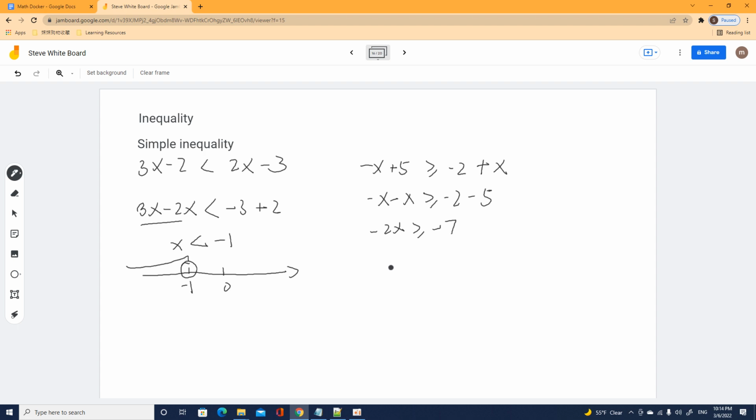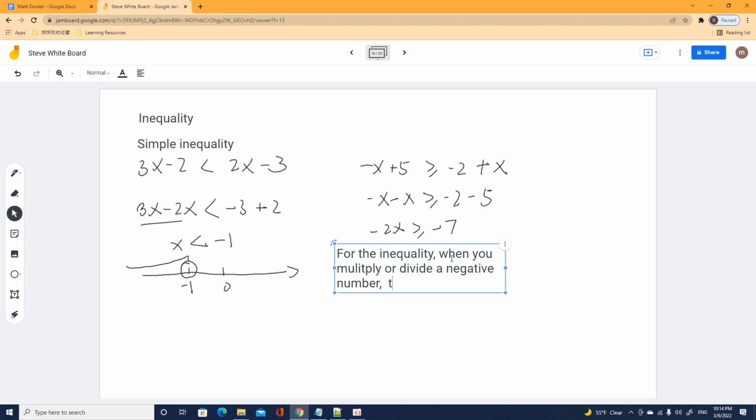Here is the tricky part. Remember, for the inequality, when you multiply or divide by a negative number, the inequality sign should flip.